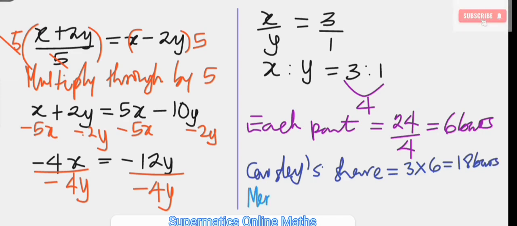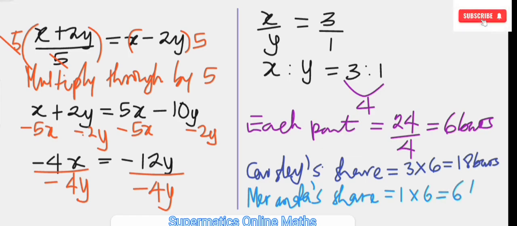While Miranda, who has just a part, she's going to get just 1 times 6, and she's having 6 bars of chocolate. That way, we have successfully shared the 24 bars of chocolate between the two of them in the ratio given according to the sharing formula.